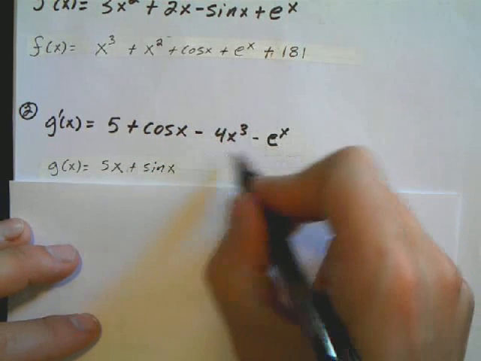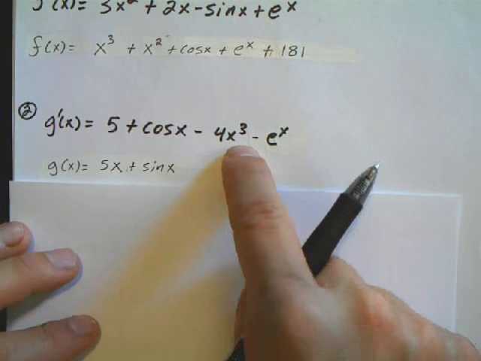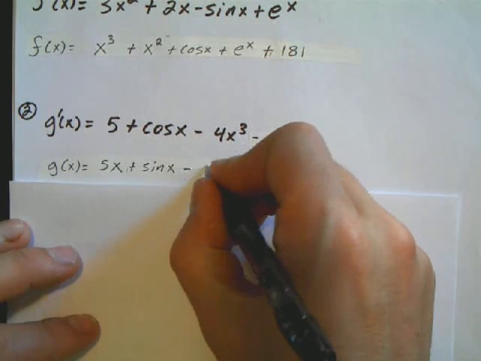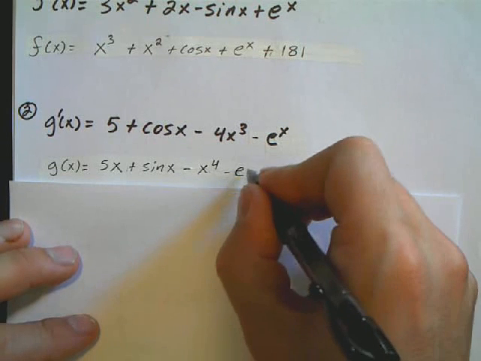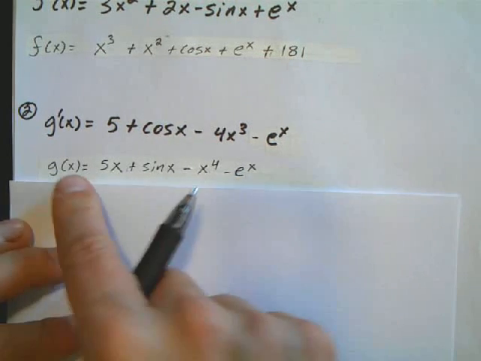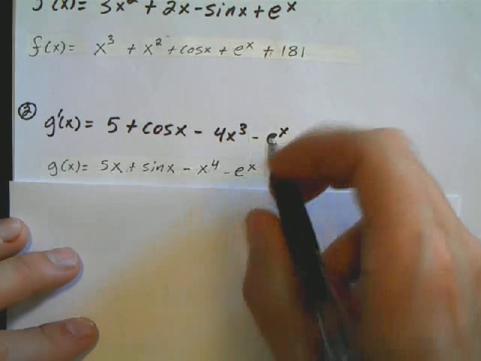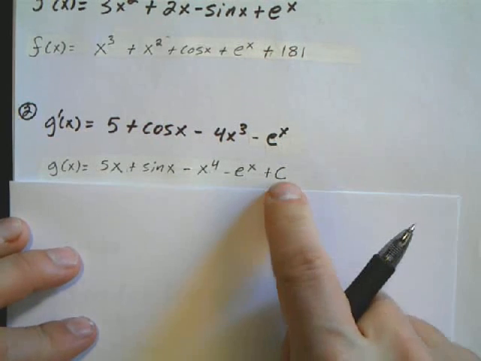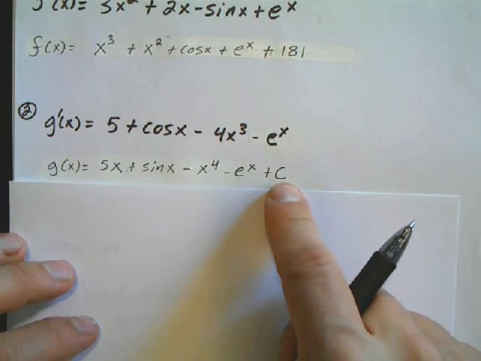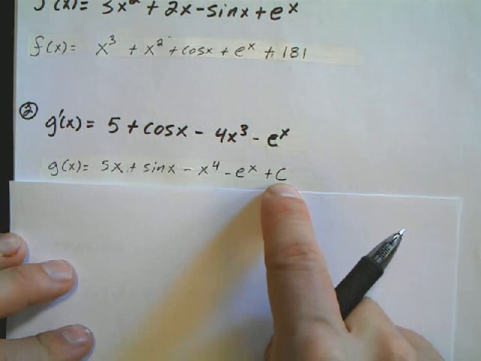And for this one, the backwards of the power rule would be minus x to the 4th, and then minus e to the x. And because my function could have some constant added at the very end, I'm going to say plus c, just some arbitrary constant that my function could have added at the very end.